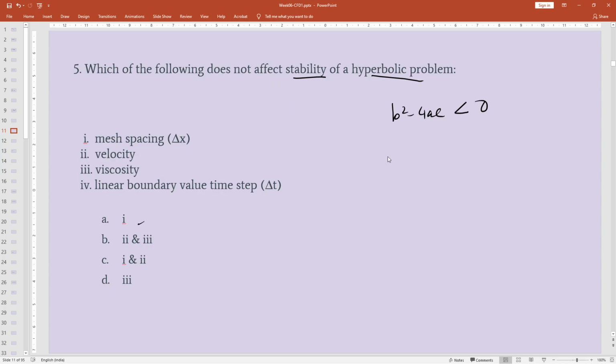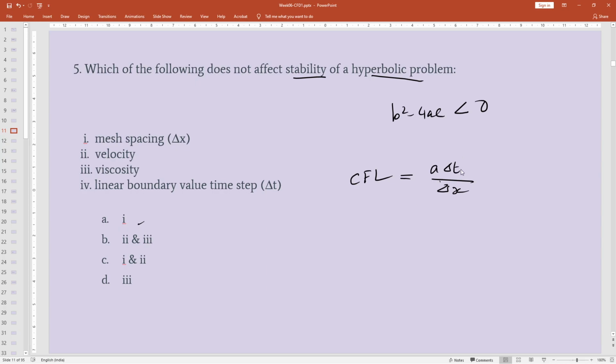In hyperbolic problems, what we have seen is we need a CFL criteria, Courant Friedrichs Lewy criteria, which involves delta t by delta x. This Courant number criteria should be satisfied.